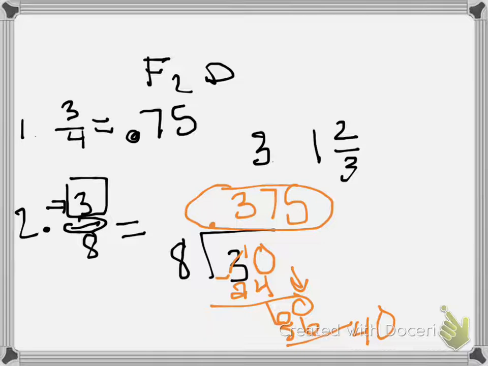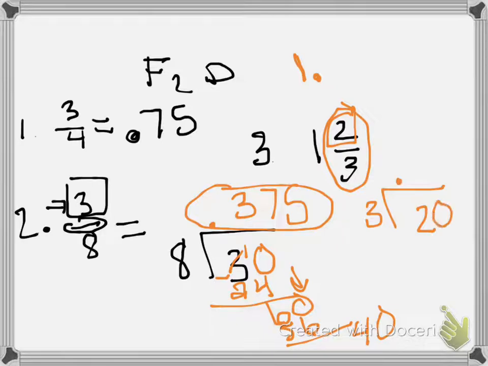Now, this one has a whole number and a fraction, and this is where people get confused sometimes. 1 2/3. This whole number 1, we just stick it out by ourselves because our answer is going to be 1 point something. So all we need to do is the division for this one. Again, top dog goes in the dog house, 3 on the outside. 3 can't go into 2, so put our decimal in a placeholder. 3 goes into 20 6 times. 3 times 6 is 18.